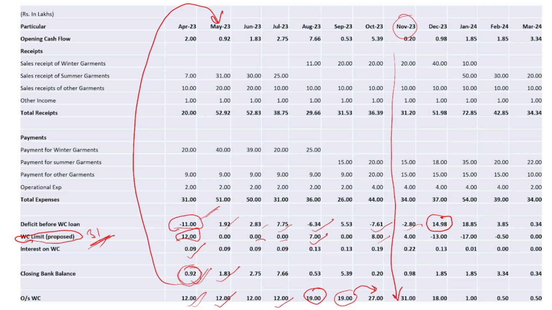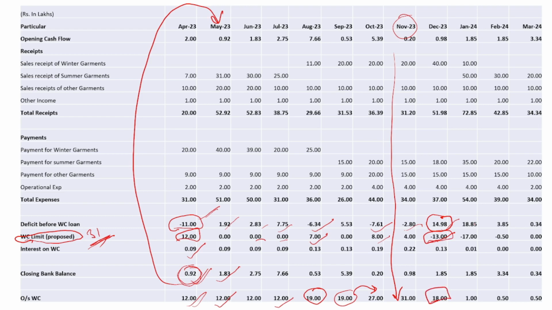So December onwards there are surpluses, you can see. If there is a surplus, we can repay the working capital limit of rupees 13 lakh. Out of 14.89, we assume that the company has repaid the 13 lakh working capital limit, and accordingly 31 minus 13 becomes 18 lakh only.